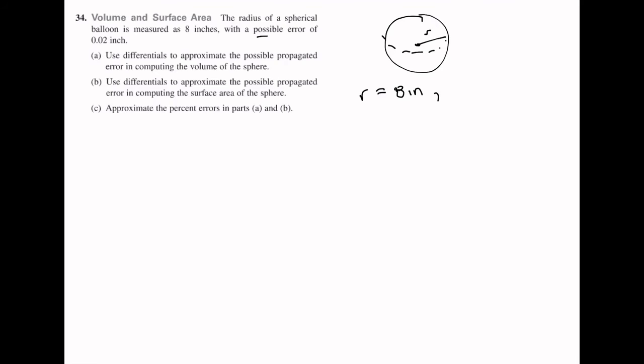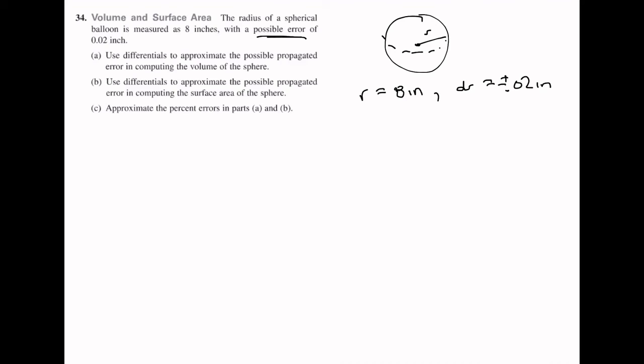However, there's a possible error in your measurement. So we're going to call that dr, because delta r, which would be equal to dr, is about how far over our r value is off. There's a little bit of an error maybe in our radius. So that is, and I'll put a plus or minus because we could be off by too high an amount or too low of an amount.